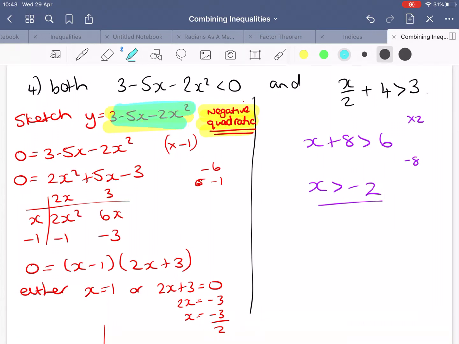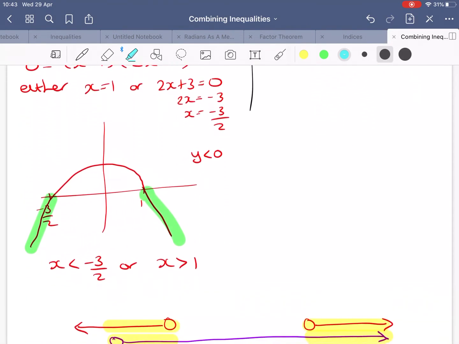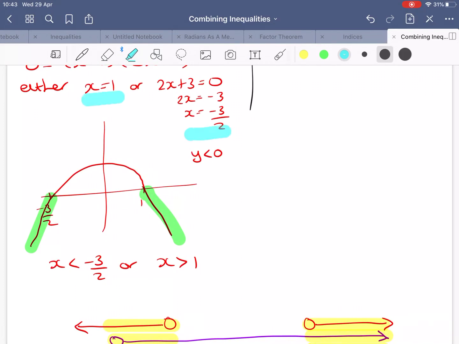Quadratic, no, it's a negative quadratic, so it's going to be that N shape this time. But we solve it by finding where it crosses the x-axis. And where it crosses the x-axis is when y is 0. So I multiply through by -1, factorise, and you end up with it crosses the x-axis at 1 and at -3/2.